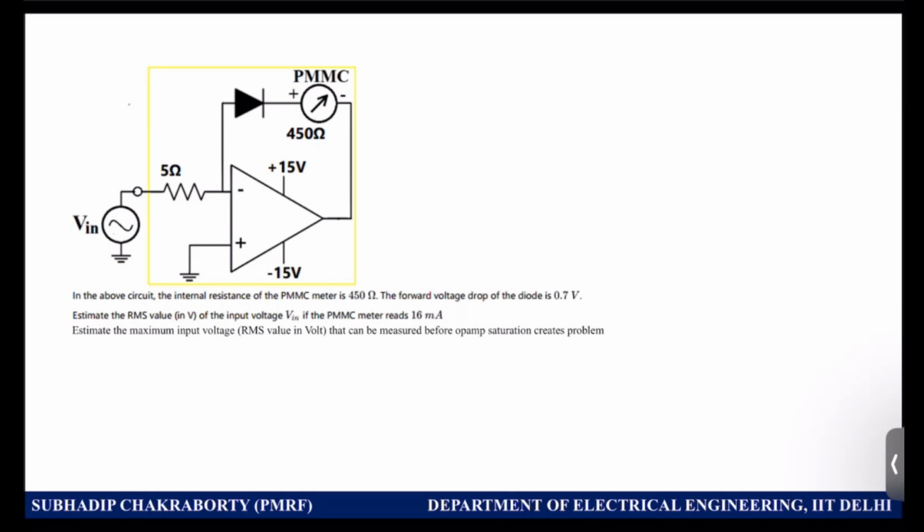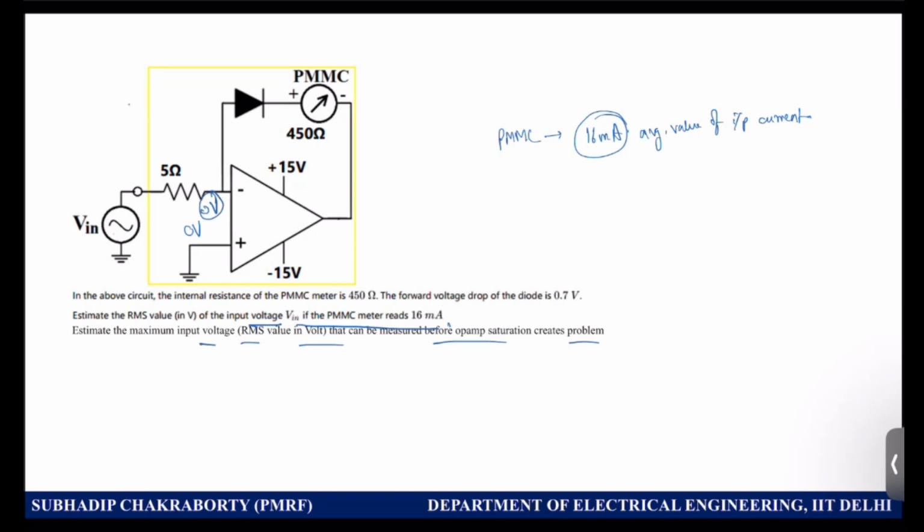So they are asking you to calculate the input voltage, maximum and RMS value. So PMMC meter reading is 16 milliamps, which is nothing but the average value of input current. And this is 0 volt.